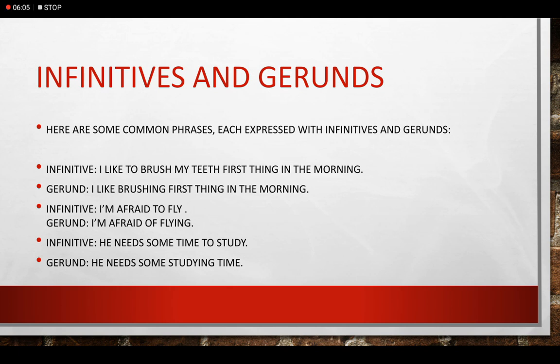And when we write using a gerund, it will be: I like brushing first thing in the morning. I'm afraid to fly. I'm afraid of flying. He needs time to study. He needs some studying time. So now you understand how we can make sentences using infinitives and using gerunds. Thank you.